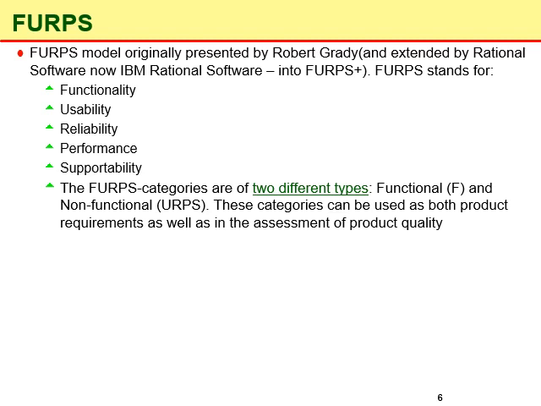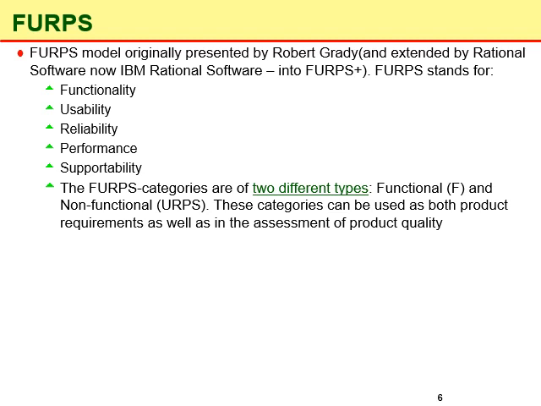Then reliability, for example, frequency and severity of failure. They are in fact an indicator of the reliability of the system. Similarly, recoverability, predictability, accuracy, and mean time between failure.